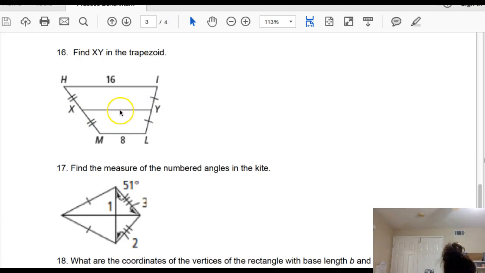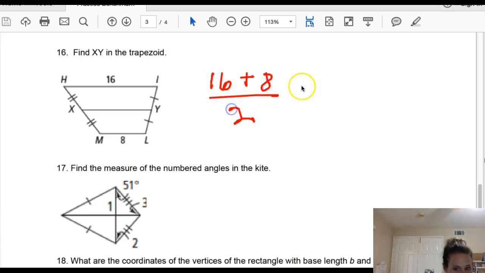Just know it. The length of the mid-segment is half the sum of these two. So to find this length, you just find the average of the big and the little. So 16 plus 8 and divide by 2. The math is super easy here. It's just asking you if you know your theorems. Add those together, divide by 2, you're going to get 12.